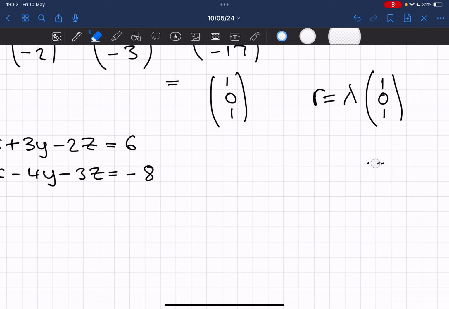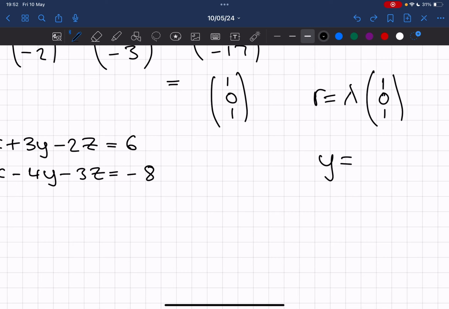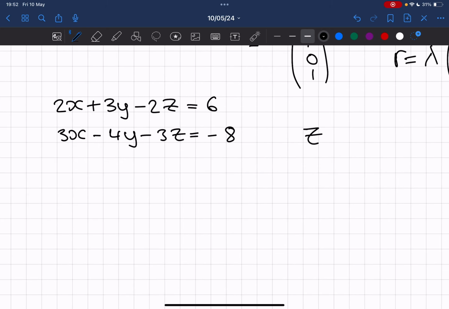But in this case, we cannot set a value to y because y has one singular value, and lambda cannot change it since this component is 0. You cannot times 0 by anything to get non-zero, right? Ignoring indeterminate forms, but that's a whole other thing. So I hope that justified why you can say z equals 1.